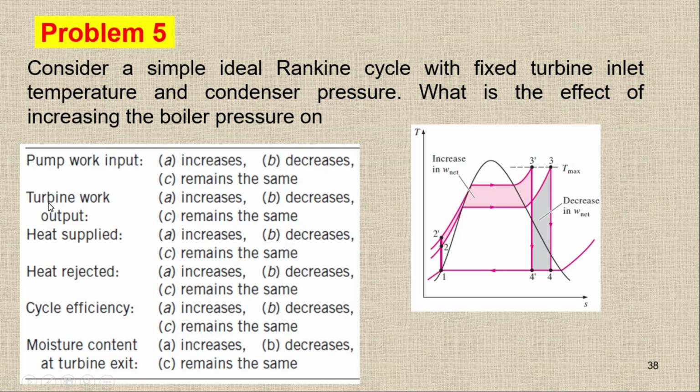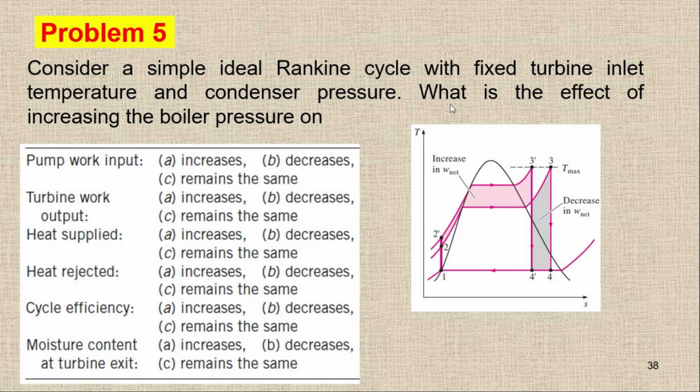In the same way, the turbine work output will increase. So this is the turbine work output, and it's going to increase. The heat supplied again increases, because at higher pressure you will get higher values. Heat rejected is again going to decrease. We have the heat rejected from here to here, and now for this case we have the heat rejected from this point to this point. So this value is less compared with this one, because there is a smaller amount of heat transfer.